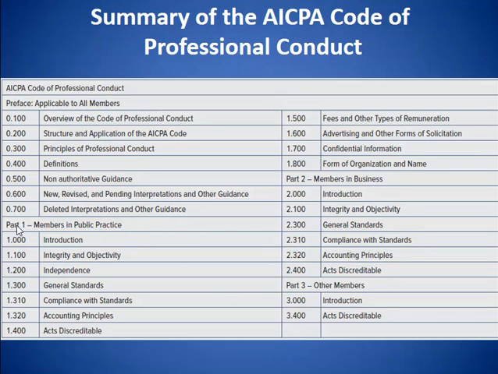The second area, part 1, involves the code of conduct applicable to members in public practice. The second part covers the parts applicable to members in business. The third part includes all the parts applicable to members in an other type of status. In other words, you can't fit them under public practice or under business.